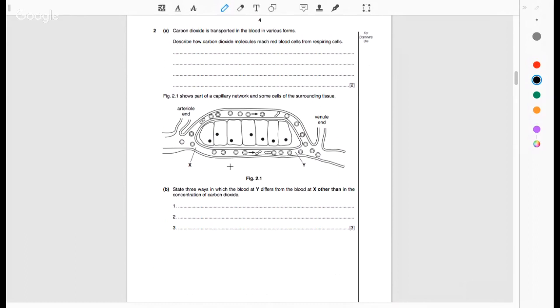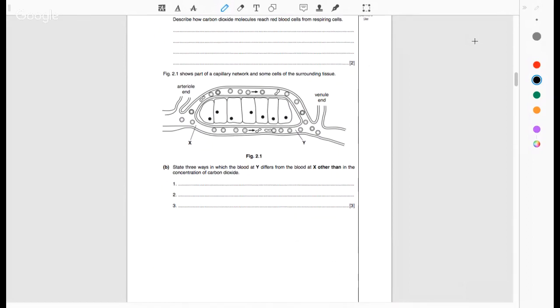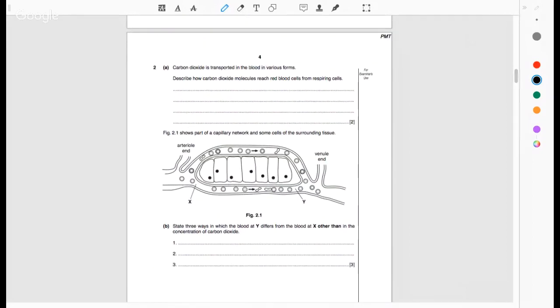Carbon dioxide is transported in blood in various forms. Describe how carbon dioxide molecules reach blood cells from respiring tissue, respiring cells. Okay. Just going to try and zoom in a bit.